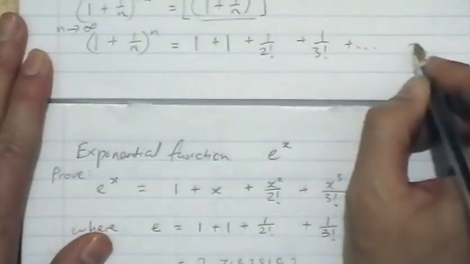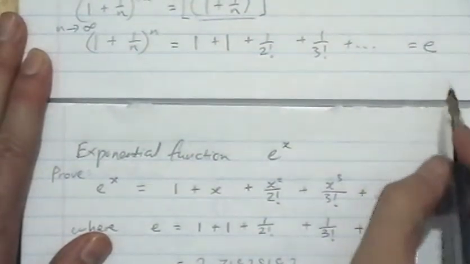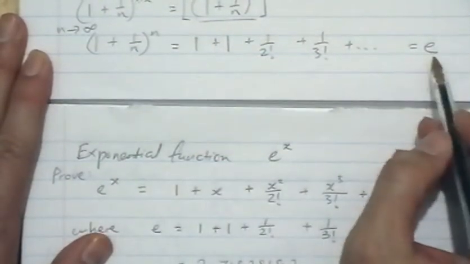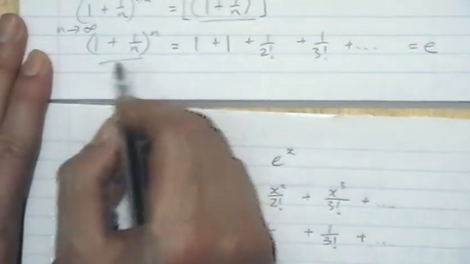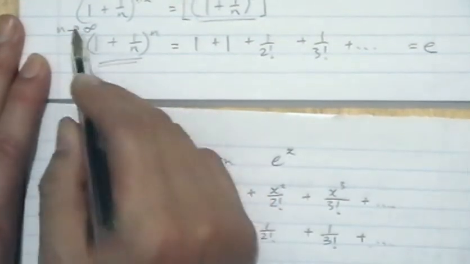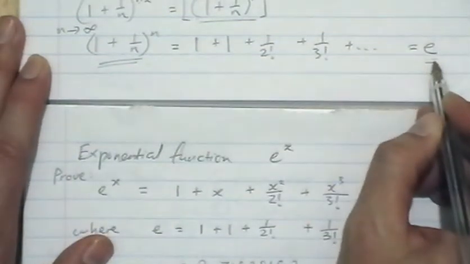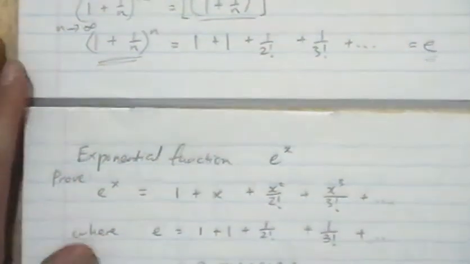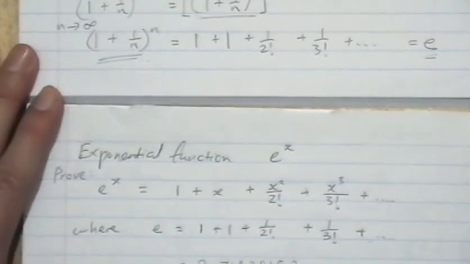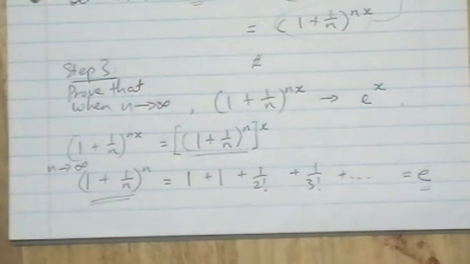Okay, so this is equal to e. So what I have now actually shown is that, as n goes to infinity, this expression becomes e. Okay, so we are getting closer and closer to our final goal.